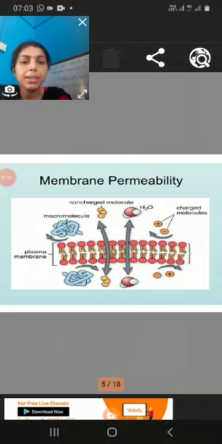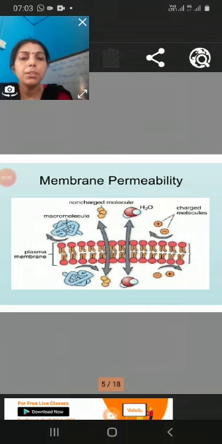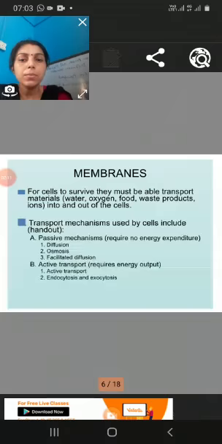We are seeing here that water and non-charged molecules can pass easily through the membrane, but for the charged molecules and the macromolecules or big molecules, their passing is not very easy. So, for the transportation, there are two methods.